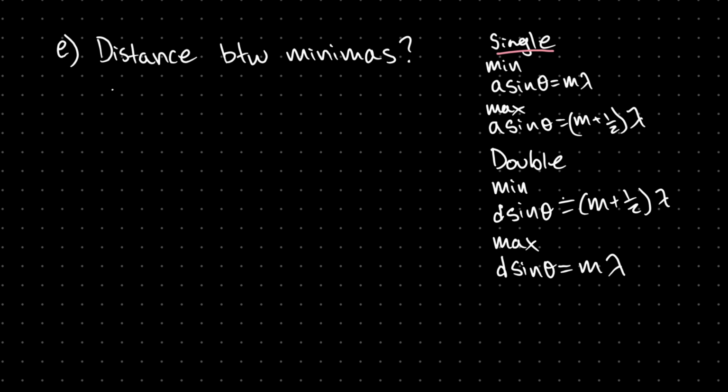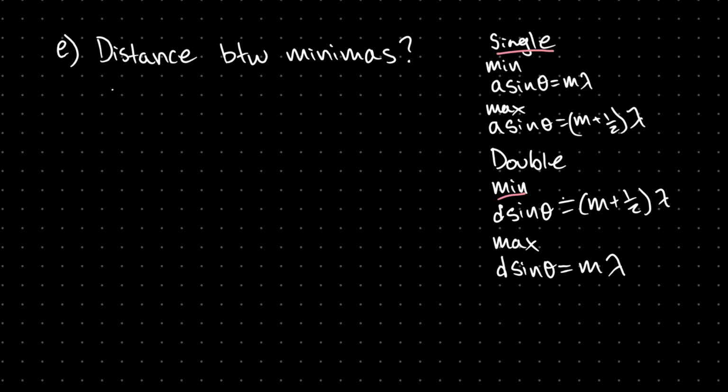But for double slit interference, it's actually going to be the other way around, right? So for double, there's going to be a minimum at d sine theta equals m plus 1 half lambda, and there's going to be a maximum at d sine theta equals m lambda, right?